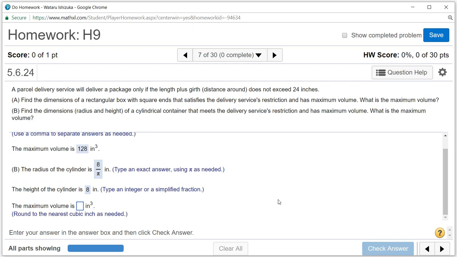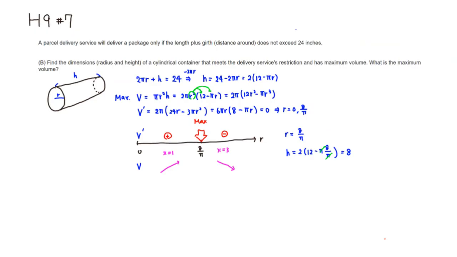And we have to find the volume. So what's the volume? We have volume V, and we plug in r equals 8 over pi: pi times 8 over pi, squared, times h, which we already found to be 8.